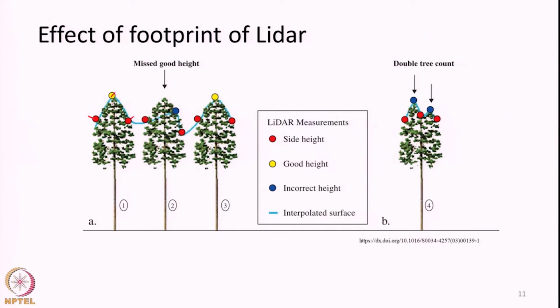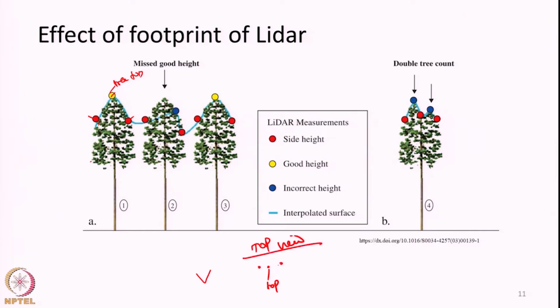So for this particular tree, if we want to capture the entire tree, we may need this information, the tree top and maybe one or two side elements, maybe here or here somewhere, so that we will be able to characterize how the tree looks. Sorry, if you look from the top, you may have 3 returns. This is from the top with relatively higher elevation, and these 2 from the sides. So this is the top view.